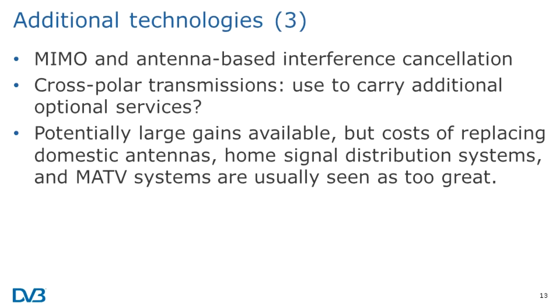Also on master antenna TV systems, we've got quite a lot of those in the UK in the form of MATV and IRS, integrated reception systems, which are the ones that carry satellite signals as well. We've got, I think, a little over 3 million homes in the UK who get their TV signals off these systems, and all of those would need replacing.